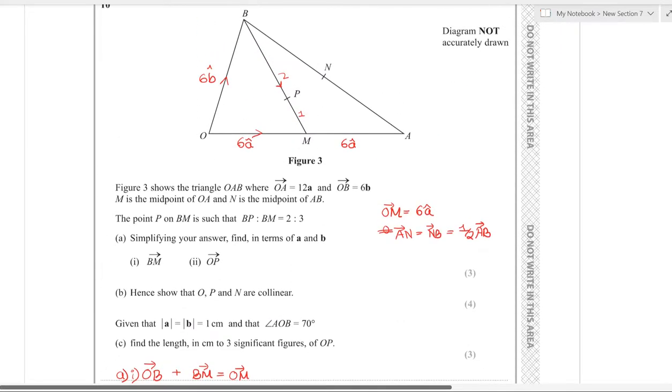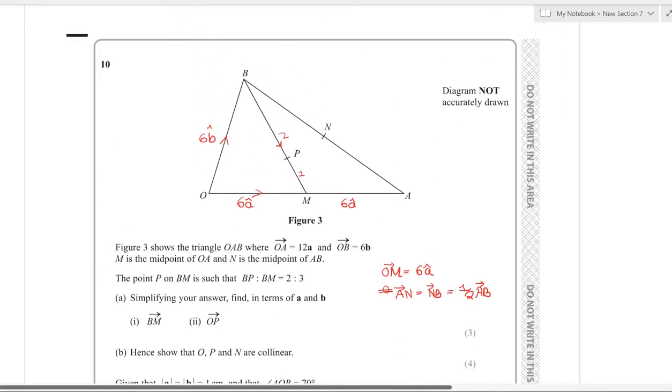And then again, moving to the entire diagram, figure 3, we have to find the value for OP. This is the line that we need to find the value for, OP, and BP is in this line. So we can see the triangle OPB, and OB and BP refer to the same direction, whereas OP is in the opposite direction.